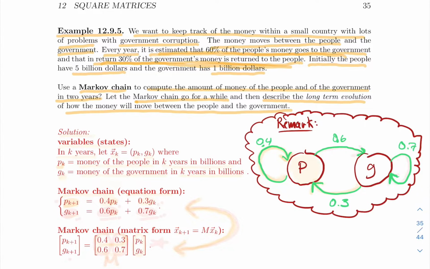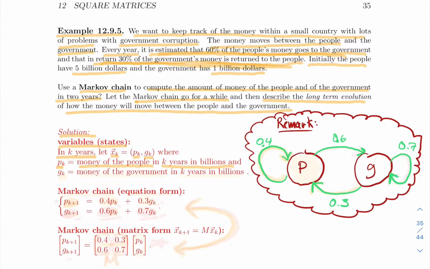So like I said, the first thing you do for the solution is label the variables. Here we are looking at the money that evolves from one year to the next. So in K years, my index is going to be K. I'm going to put the money of the people and the money of the government in K years in one vector that I call XK. I'm always going to use XK in my examples. So XK is the vector PK, GK, where PK is the money that the people will have in K years.